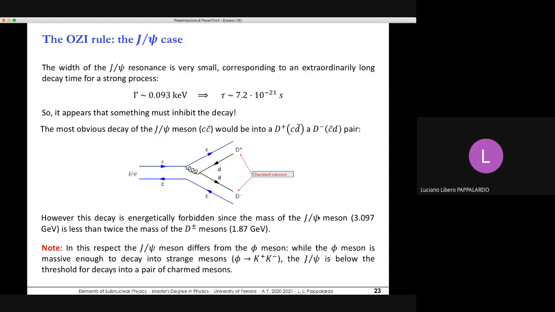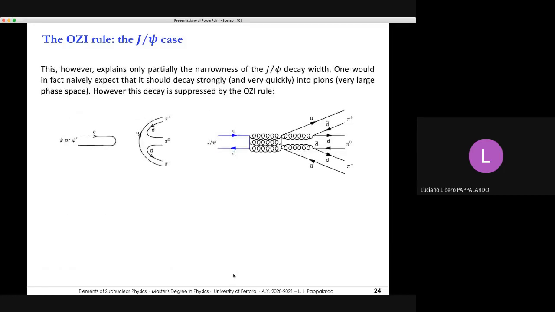While the phi meson is massive enough to decay into two kaons, the J/psi is below the threshold for decaying into a pair of charmed mesons. So again, in order to have this decay, one has to consider a disconnected diagram. The only way the J/psi can decay strongly into pions is through a disconnected diagram, just as we've seen before.